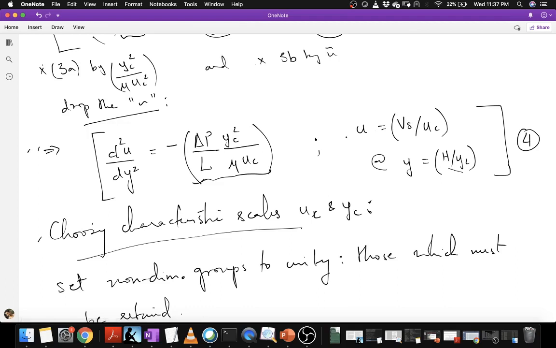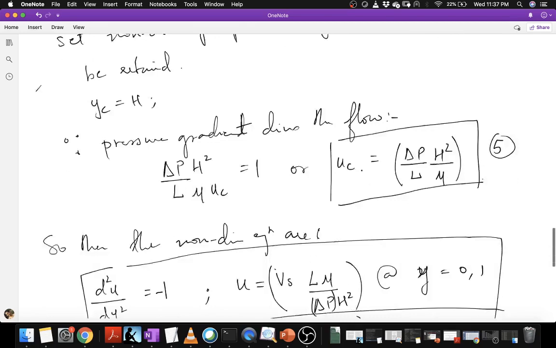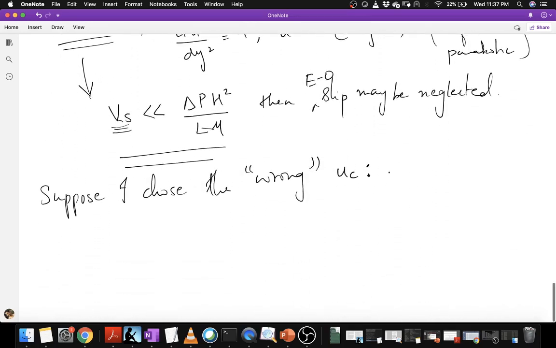Let's say that even though I knew that I was interested in a situation where the pressure gradient effects dominate, yet without realizing the importance of order 1 scaling, I simply said, hey look, this has Vs over UC, it would be nice to have U equal to 1 at the boundary, so I'll choose UC equal to Vs. Suppose I thought that it's okay, I can non-dimensionalize UC any way I want, anyway I'll get only one parameter in the problem, and that's all I'm interested in. Then I could just set UC equal to Vs and feel that no harm would be done. So let's say I chose the wrong UC, that is, I'll set UC equal to Vs.